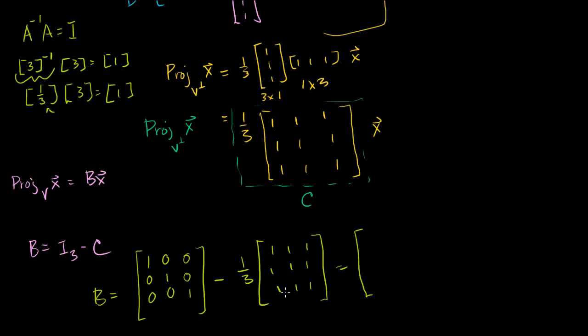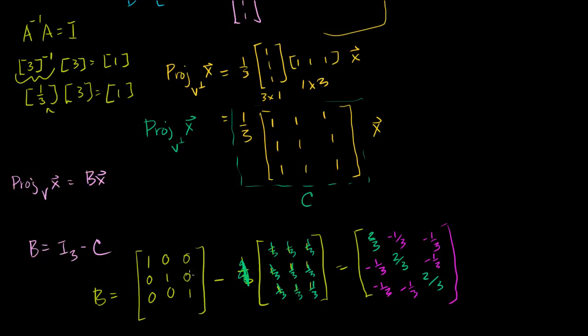So 1 minus 1/3 is 2/3, and all of the 1s minus 1/3 are going to be 2/3, so we could just go down the diagonal. And then the 0s minus 1/3 are going to be minus 1/3 everywhere else.